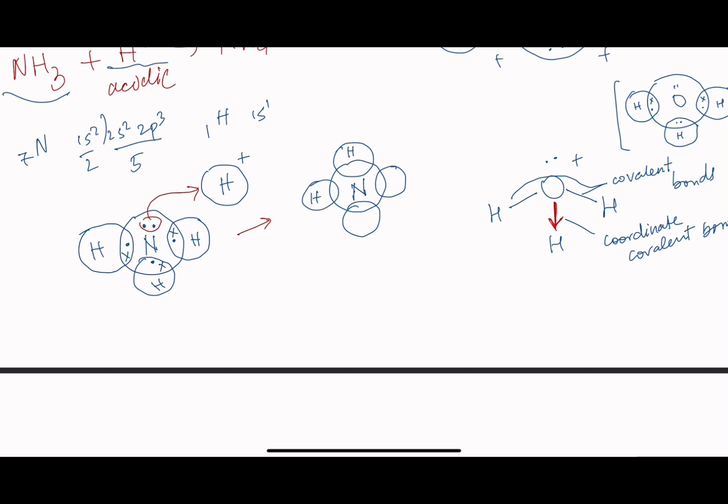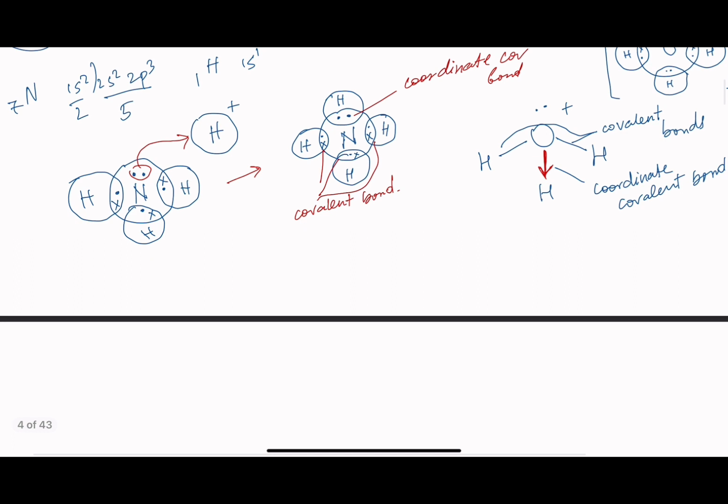So I got hydrogen. This hydrogen is dot cross, this is dot cross, but this one is going to be 2 bonds, because this one here is a coordinate covalent bond, while these 3 are all just covalent bonds.